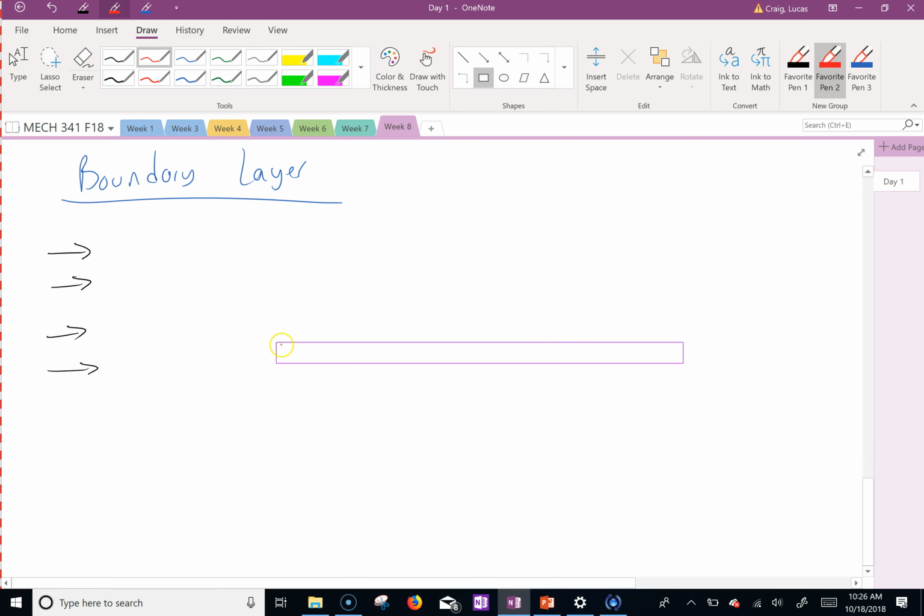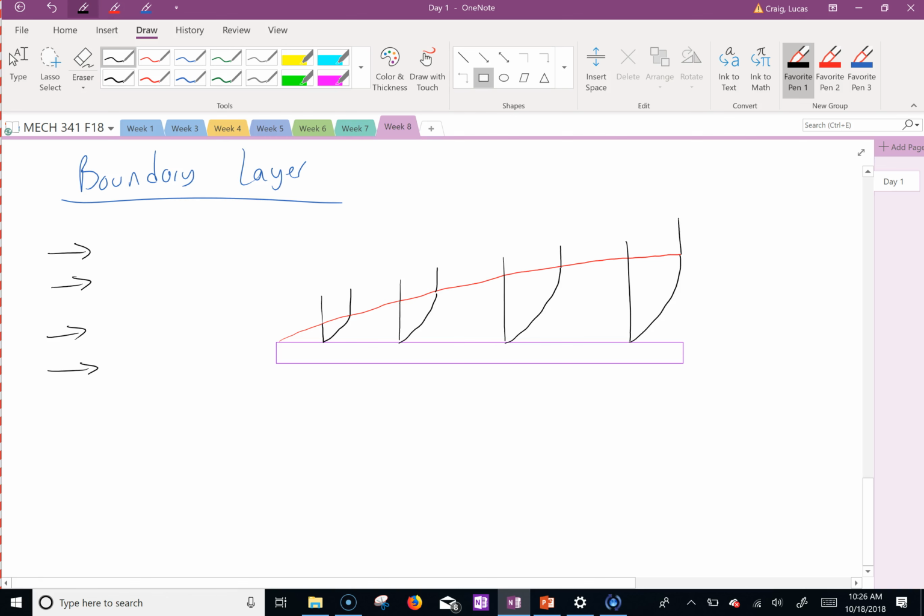What's going to happen is you're going to get a boundary layer that grows. Meaning, if we plotted velocity, heat transfer, you probably did this. You looked at this, right?